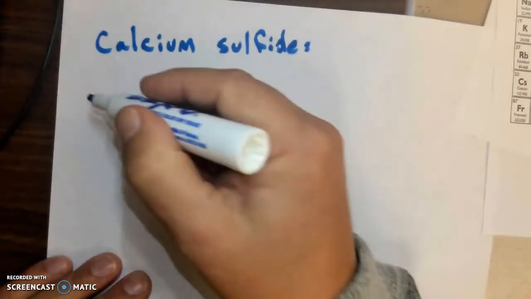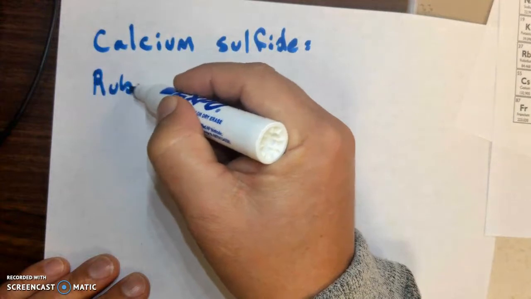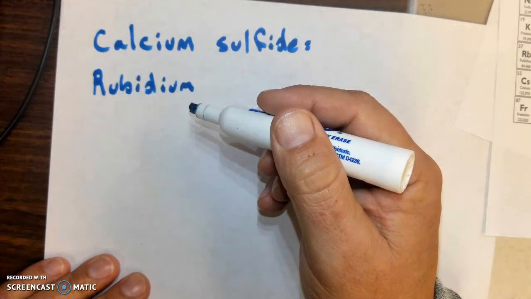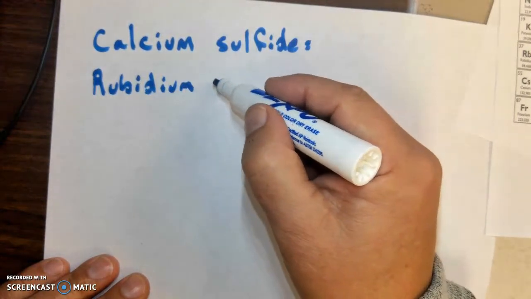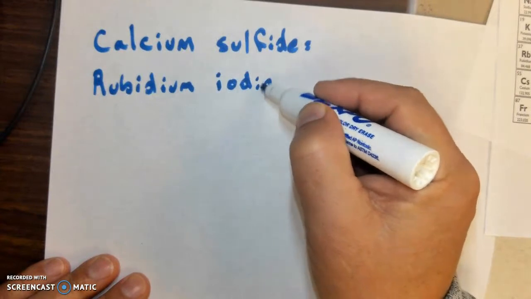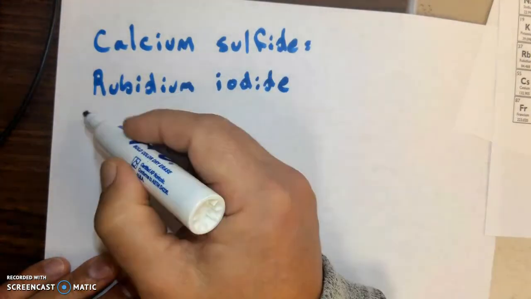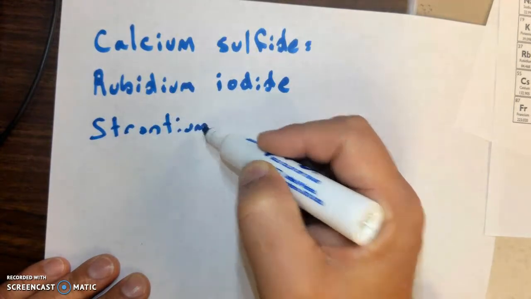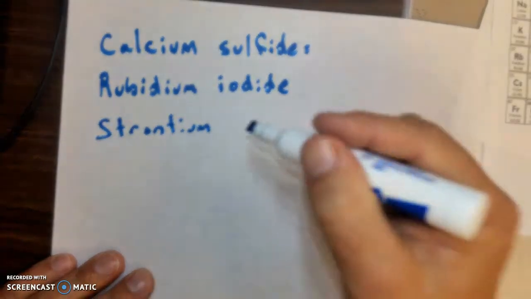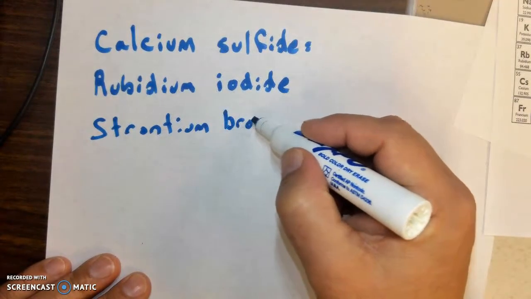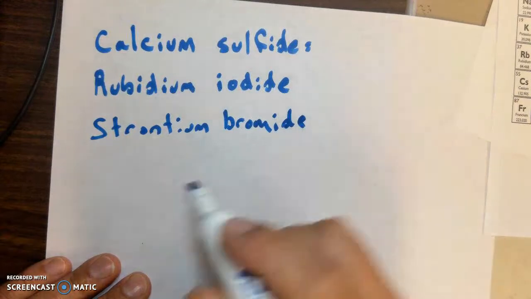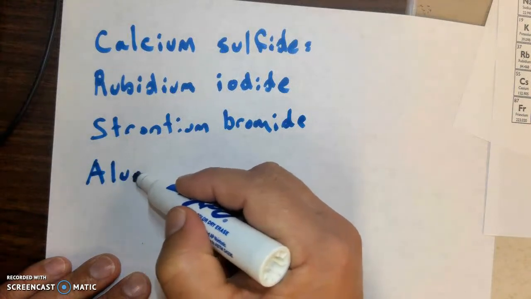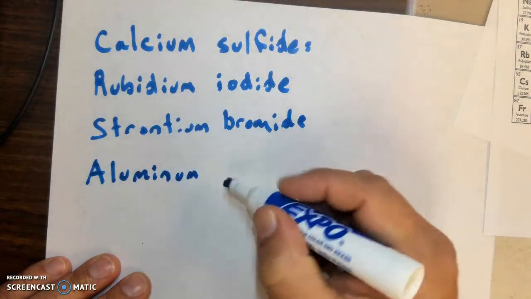Try rubidium iodide. Strontium bromide. Try aluminum nitride.